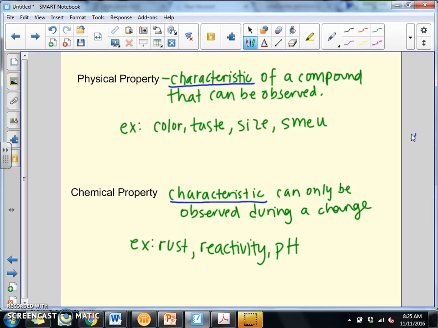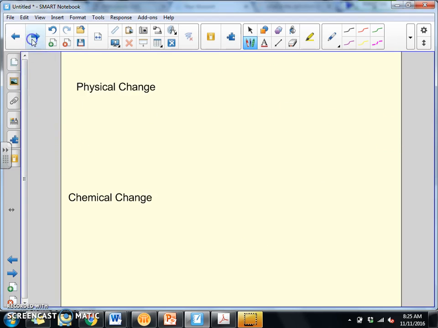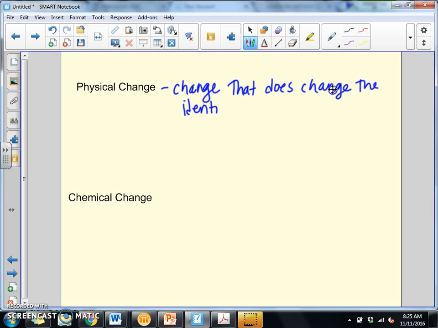Now, what is the difference between a physical and chemical change? A physical change is a change that does not change the identity and only the form.